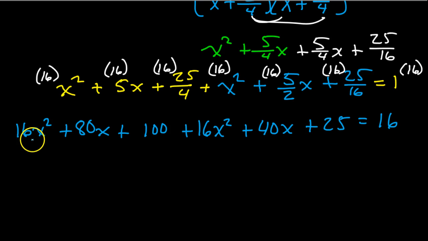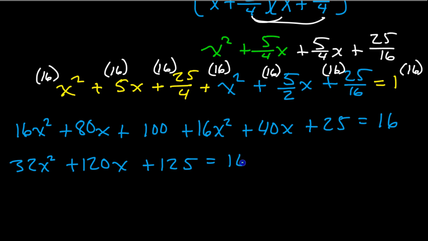So 16x squared and 16x squared make 32x squared. And then 80x plus 40, that's 120x. Alright, and then I've got 100 plus 25, that is 125.